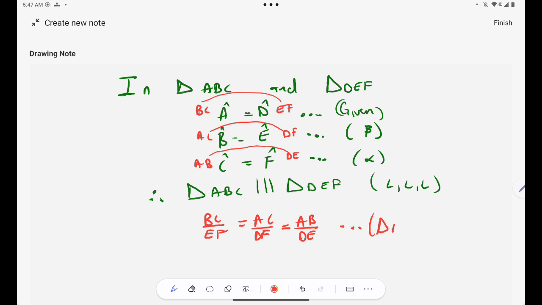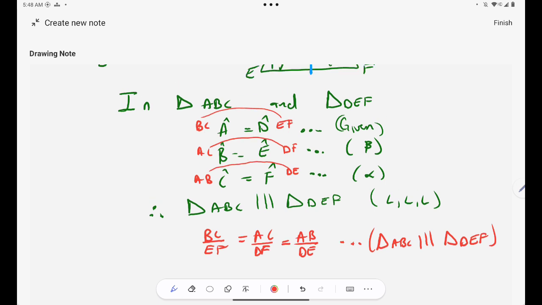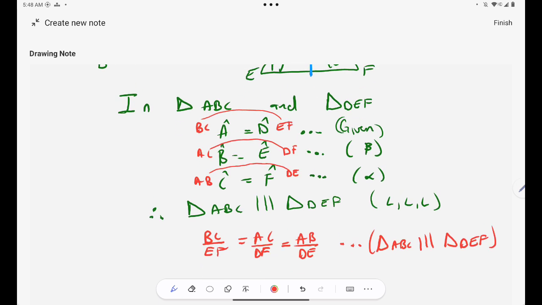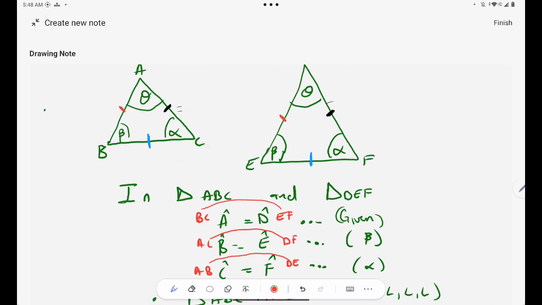Because triangle ABC is similar to triangle DEF. Are you together? So if you can show that the two triangles are equiangular, therefore those triangles are similar, and hence the corresponding sides are in the same proportion. What are corresponding sides? The sides that subtend equal angles should be in the same proportion. This is how you apply it, guys.